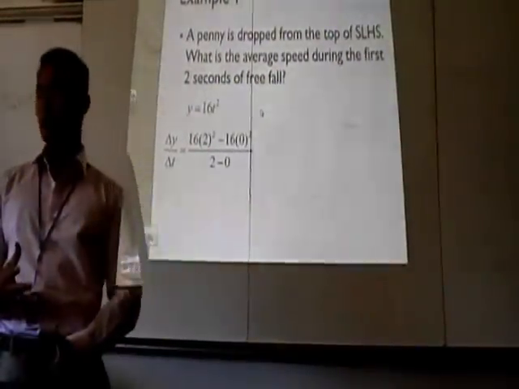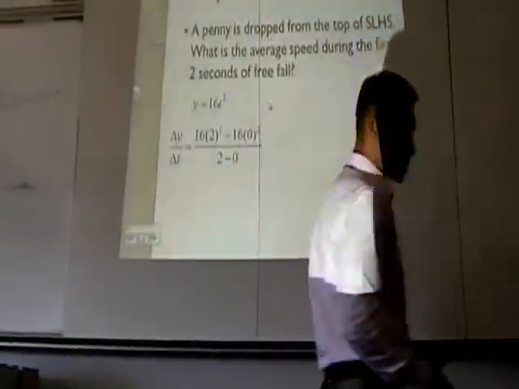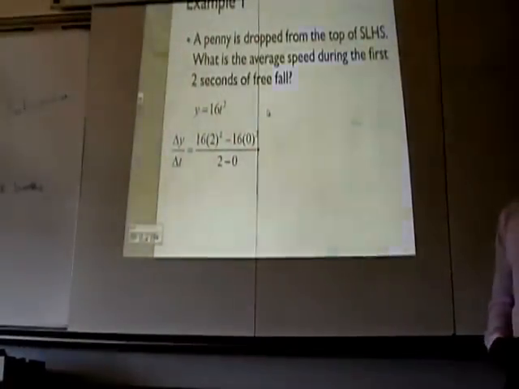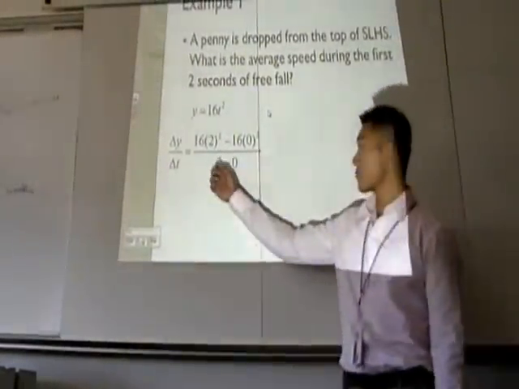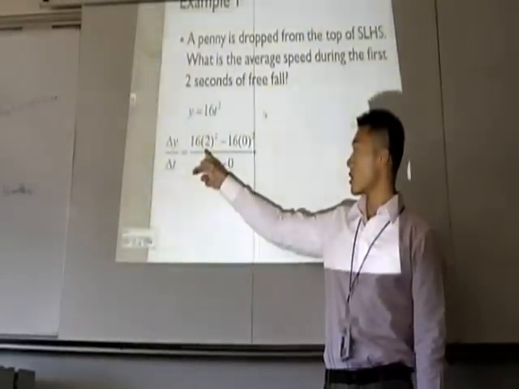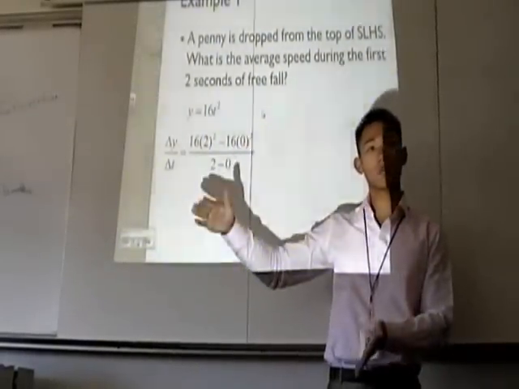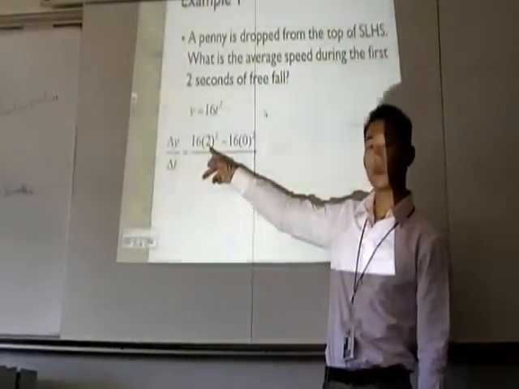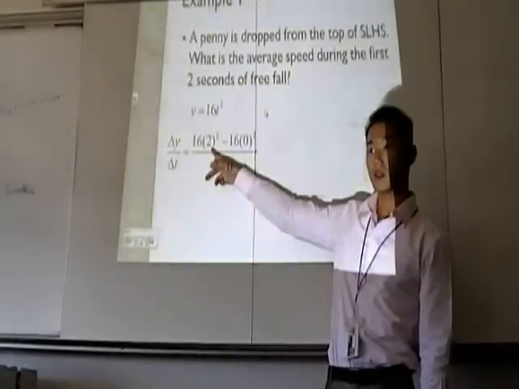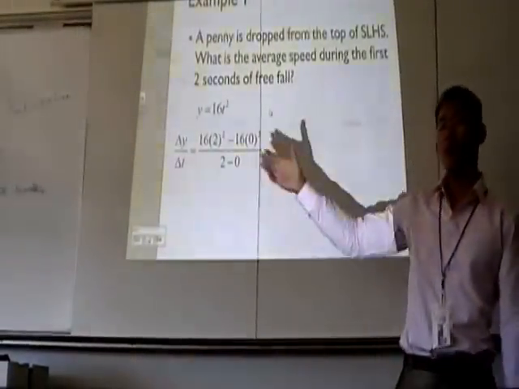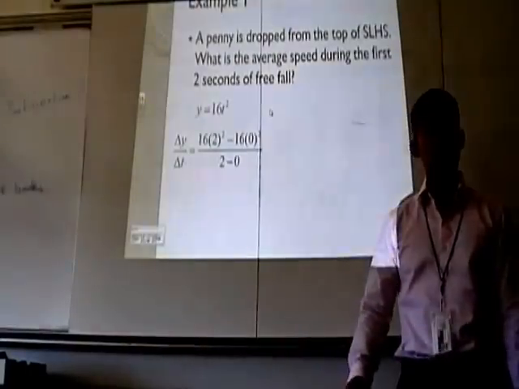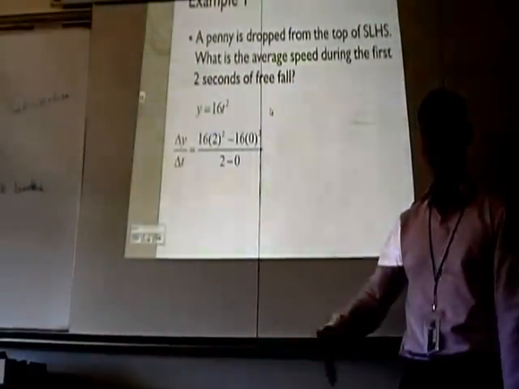So y is your distance, and t is time. The distance traveled in 2 seconds is, you plug 2 into t. Squared is 4, times 16, minus the original placement, the original place of the rock.